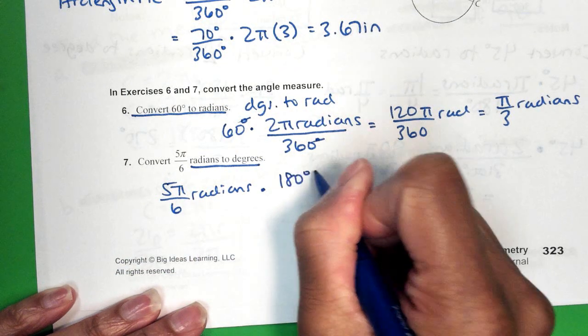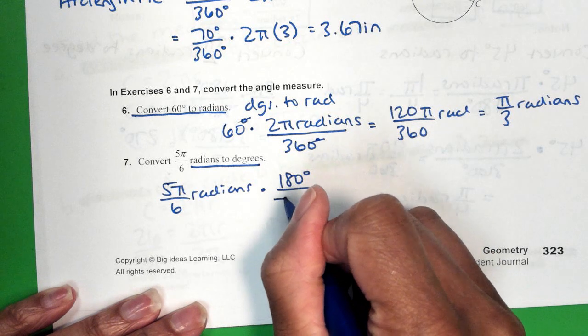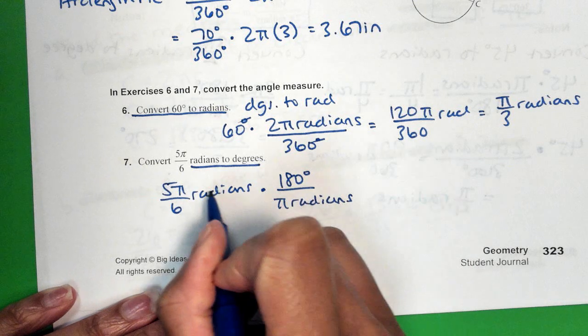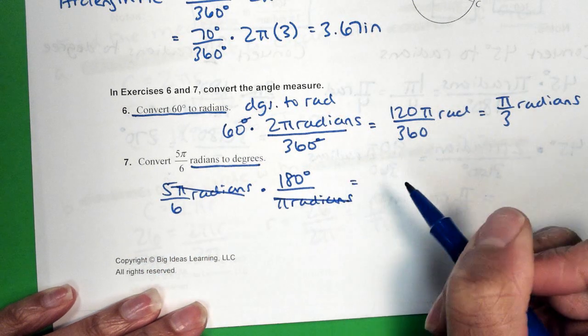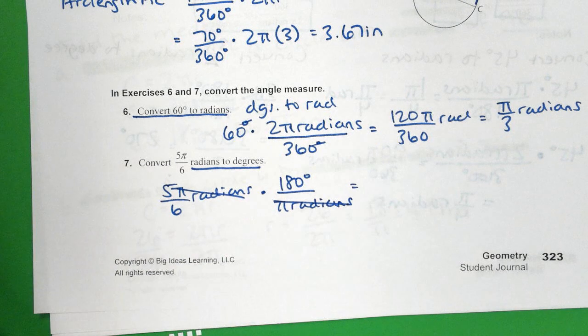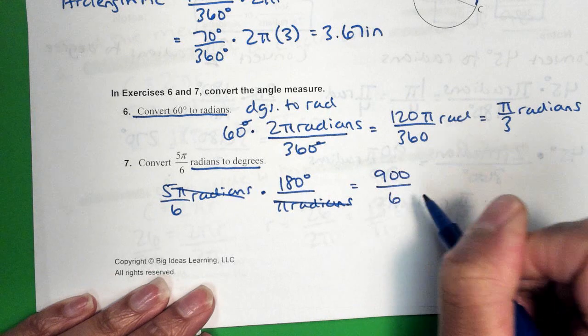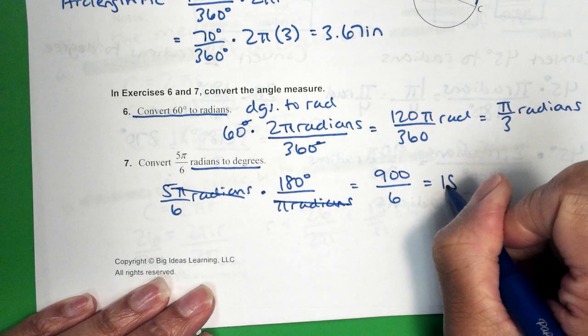So 180 degrees all over pi radians. So note the pi radians cancel out on both sides, and I'm left with degrees on top. So I have 5 times 180, which gives me 900, and 900 divided by 6 gives me 150 degrees.